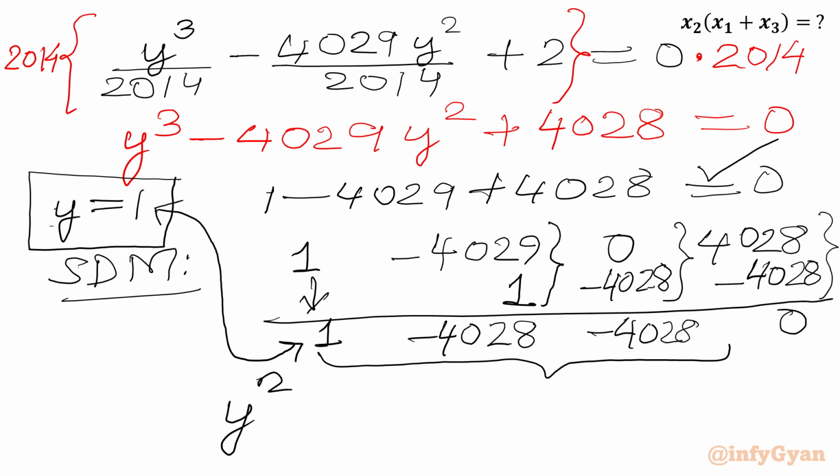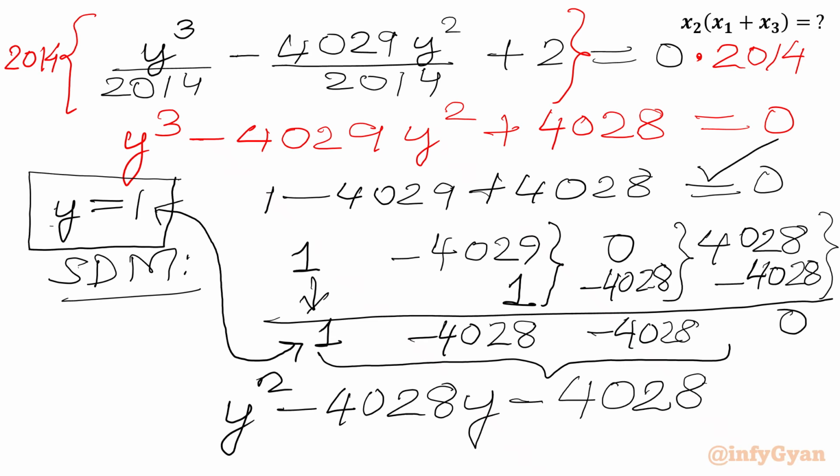The equation would be y square minus 4028y minus 4028 equal to 0. Let's solve this quadratic first. Remember, our first real solution is y equal to 1.